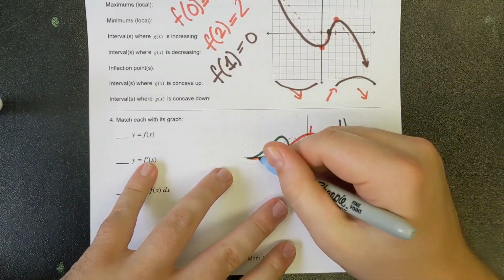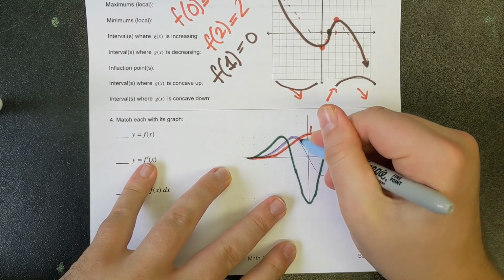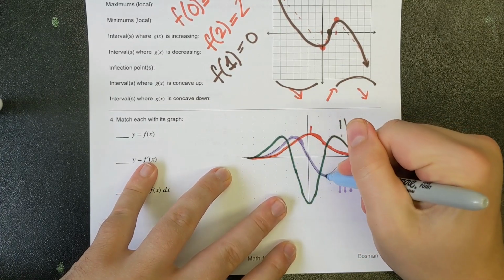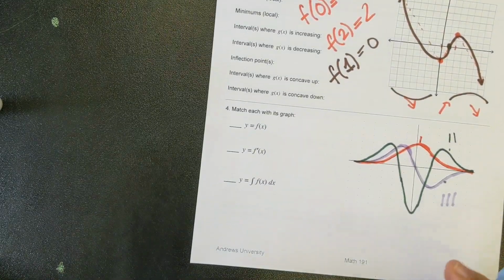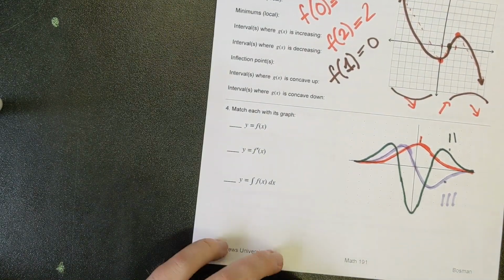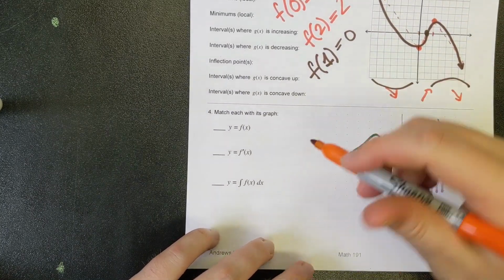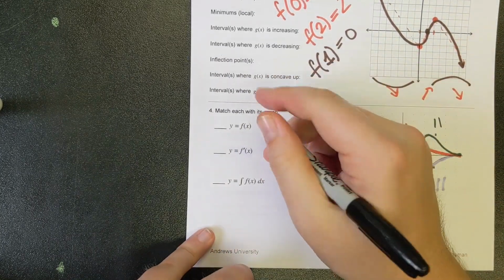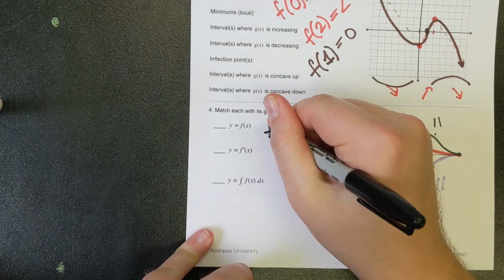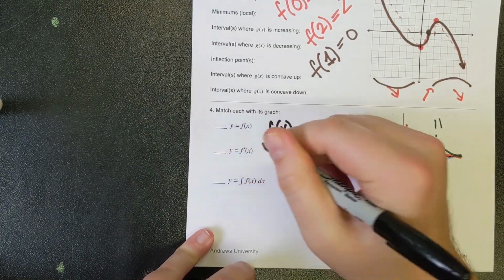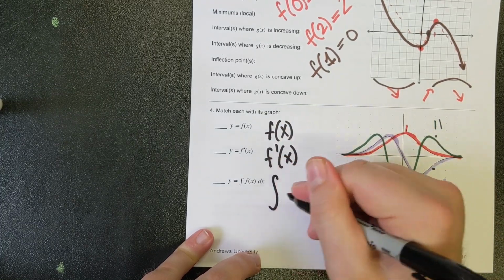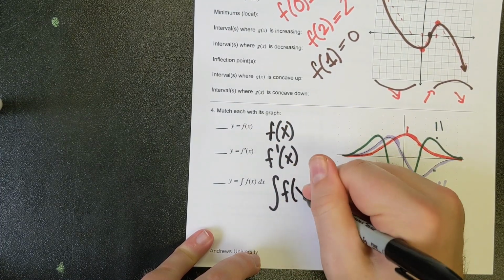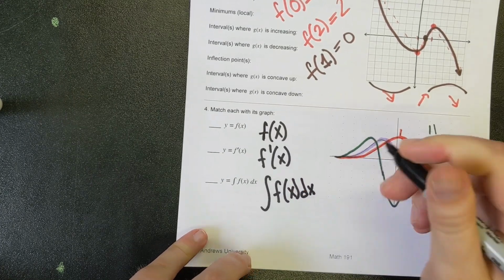Number 3 is going to come up and fall down. And over here I'm asked to match 1, 2, and 3 with these functions, where the first one is f of x, the second one is f prime of x, and the third one is the antiderivative of f of x.